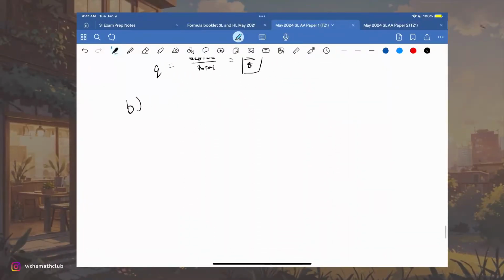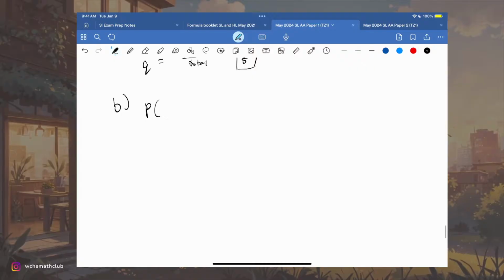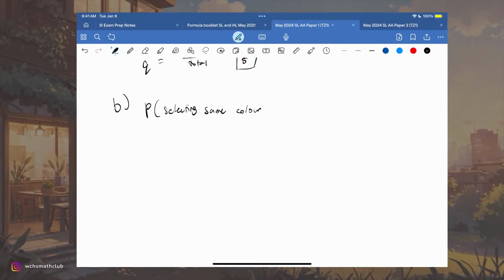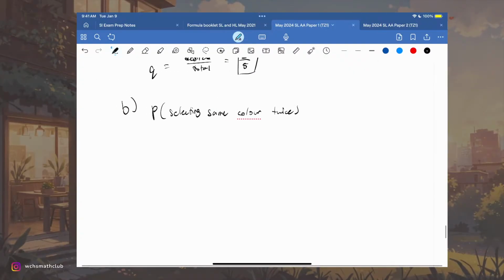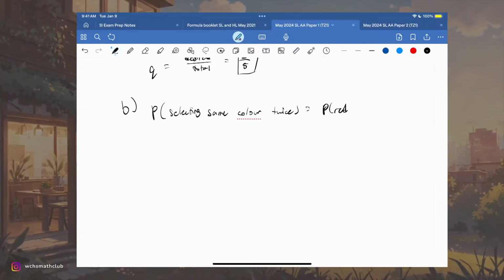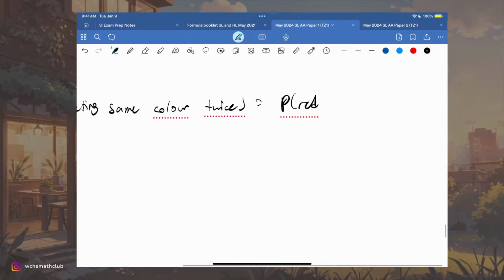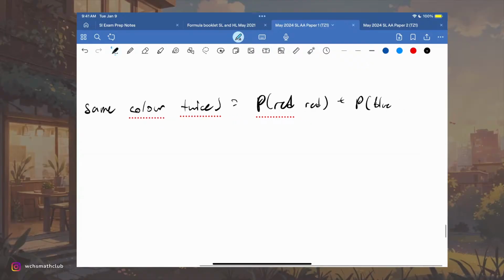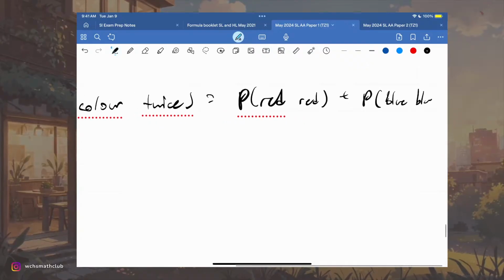So I would probably just write this as P, selecting same color twice, and then equals P red, that's the first time, and then red for the second time, plus P blue, and then blue.